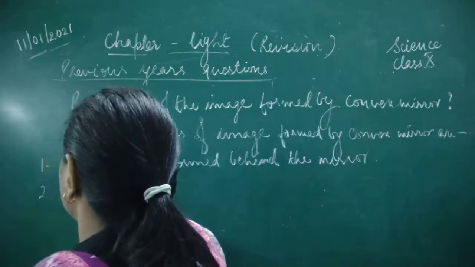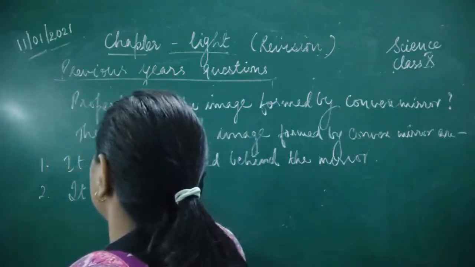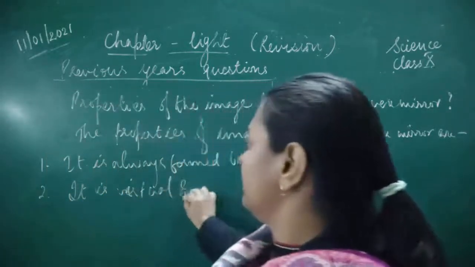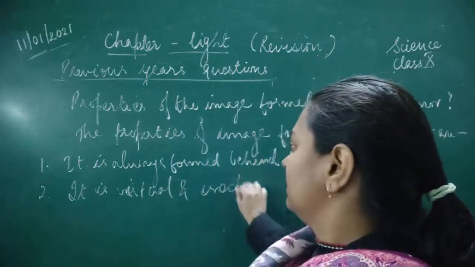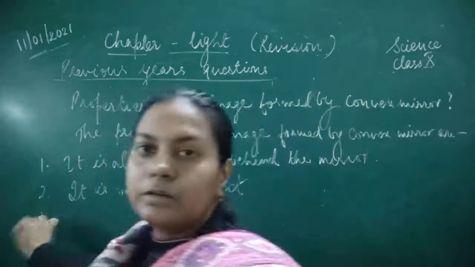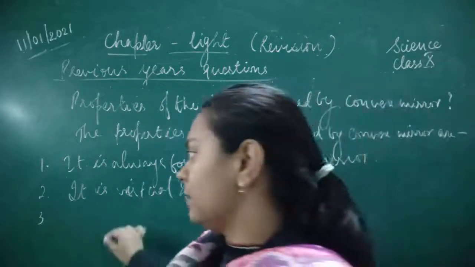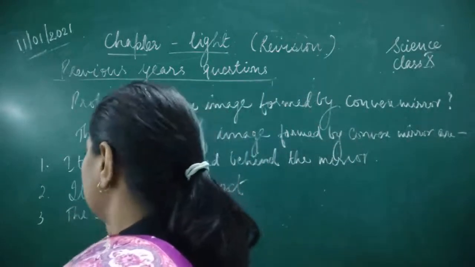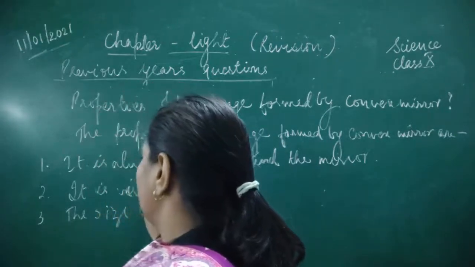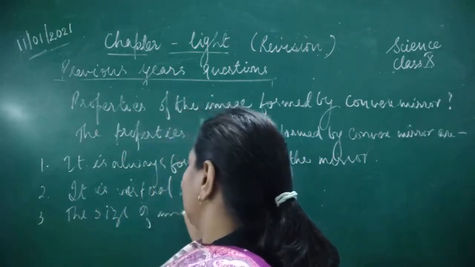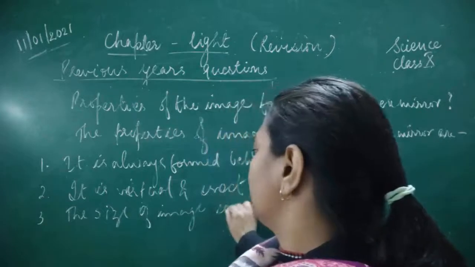The third point is that the size of the image is always smaller than the object.